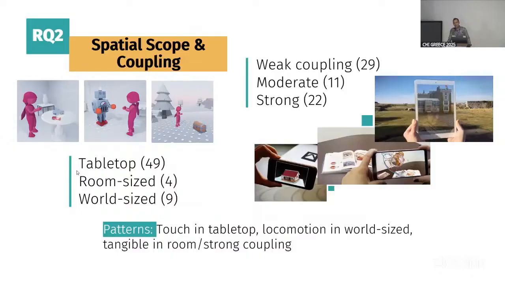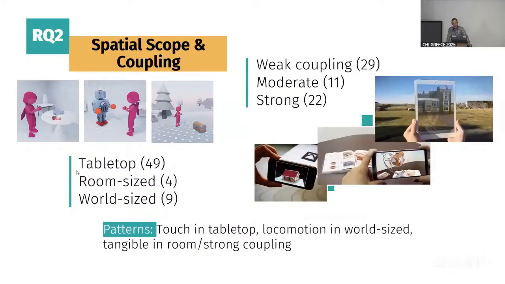Another important dimension is the coupling, meaning how does the digital content relate to the physical space? So we have weakly coupled apps where the physical world doesn't add much meaning. So the marker or the projection plane are just placeholders. So there's no connection between the virtual content and the physical space.